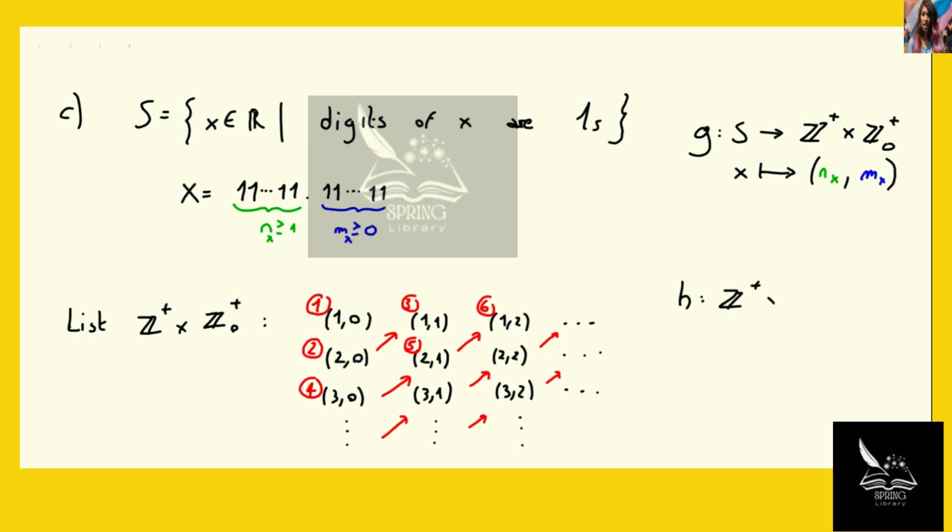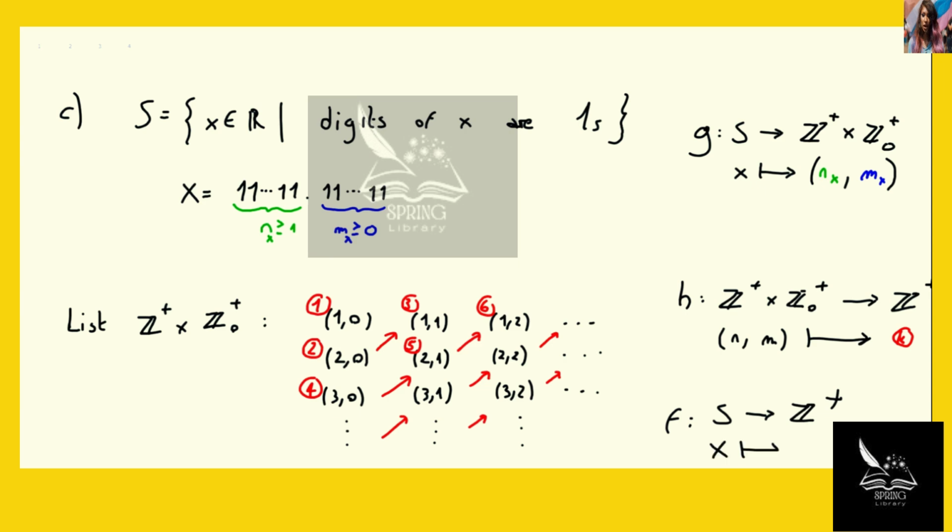So let's call H the map that goes from Z plus times Z plus with 0 to Z plus, which encodes this diagonal listing. And then finally the function we want, F, goes from S to the positive integers, where x is mapped to H of G of x. And this is the map that we're looking for. And of course this is a bijection because both G and H are bijections.